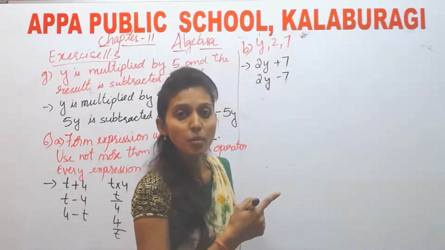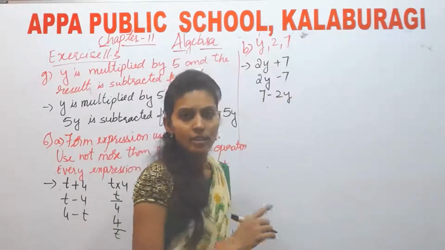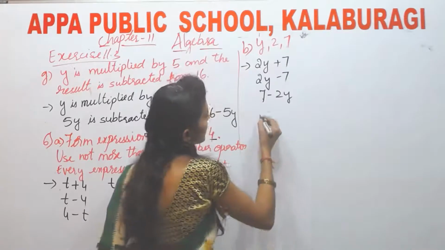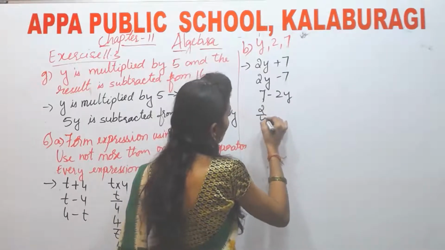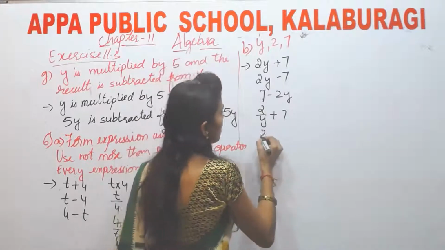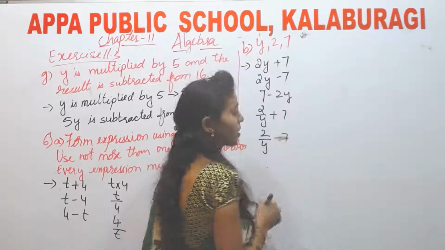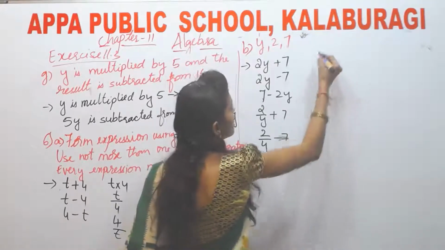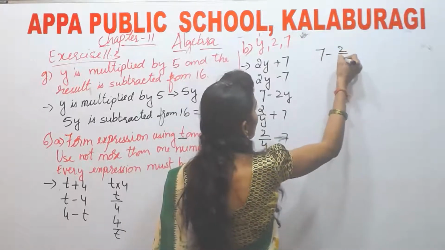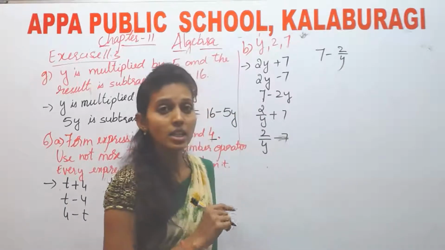Multiplication and subtraction. 7 minus 2y, same. Then 2 divided by y plus 7. Division and addition. 2 by y minus 7. Division and subtraction. 7 minus 2 by y. So, the same way, subtraction and division.